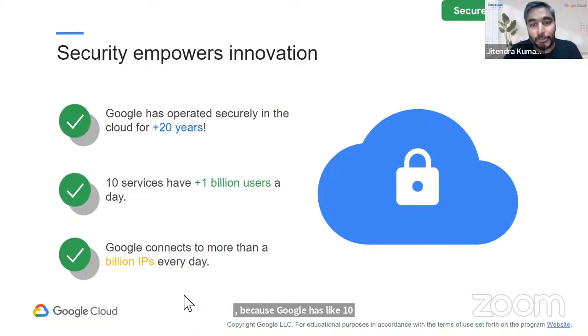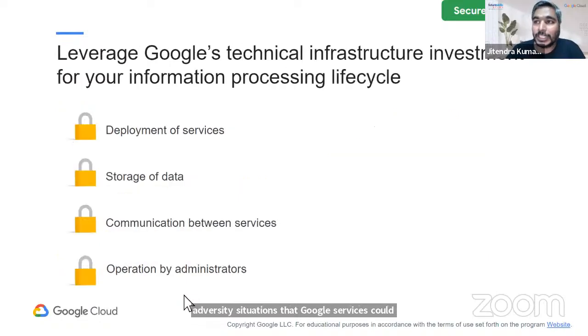I'm sure each one of you has a Gmail account, and access to Google search, YouTube, and whatnot, right? Each one of them has 1 billion plus users. So you can imagine the kind of traffic and the kind of adversary situations that Google services could face, right? And Google pays a lot of attention there.